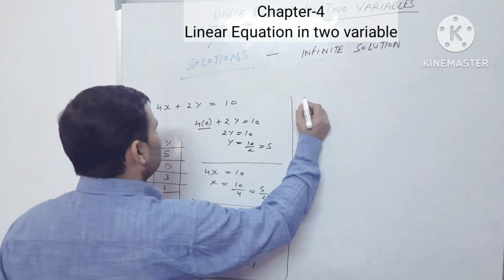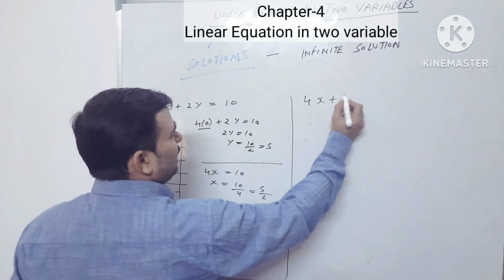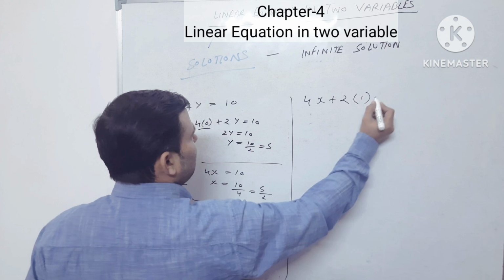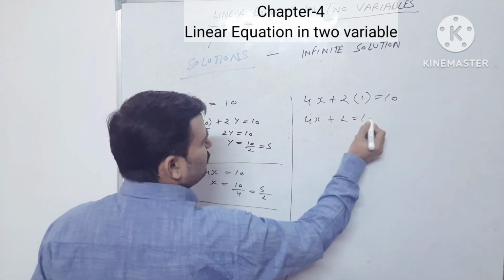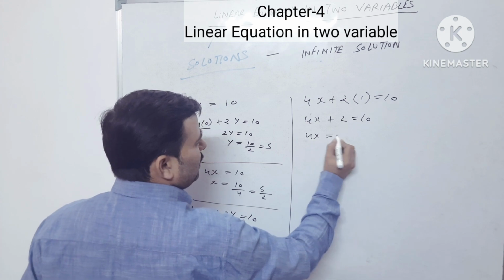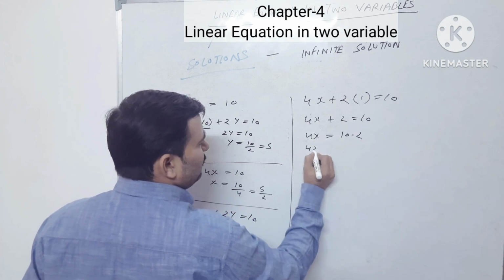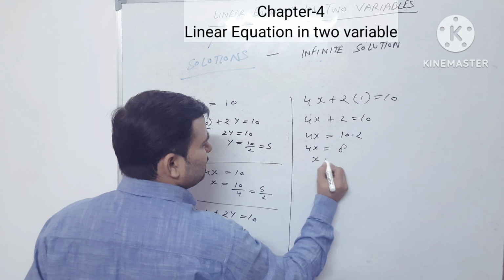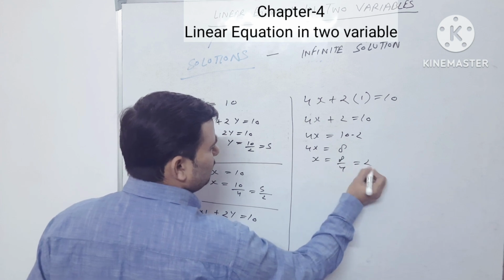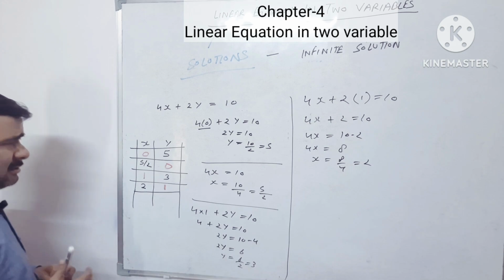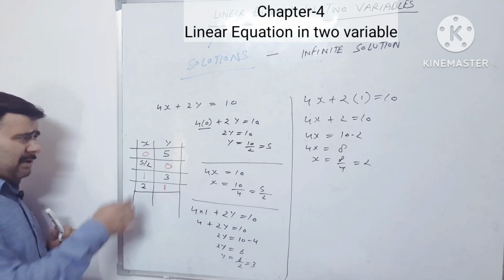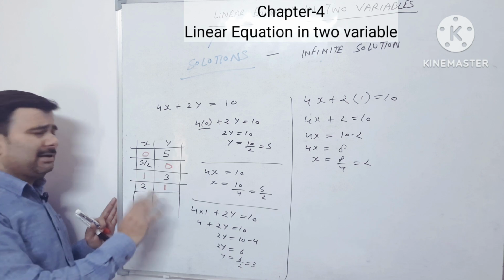So this will become 4x plus 2 times y is equal to 10. It will become 4x plus 2 is equal to 10. That will be 4x is equal to 10 minus 2, 4x is equal to 8, and that will become 8 upon 4, and that will become 2. We will get 2.